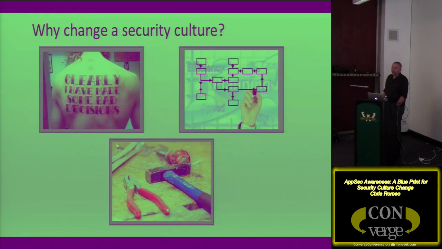Okay, so a couple of reasons for why we would want to change a security culture. Okay? And yes, clearly I have made some bad decisions. There are bad decisions that are potentially being made in the organization. They're being tracked. They're manifesting as bugs and vulnerabilities and things. So there's some number of those type of problems. Maybe the process is broken, or maybe you don't even have a process, right?